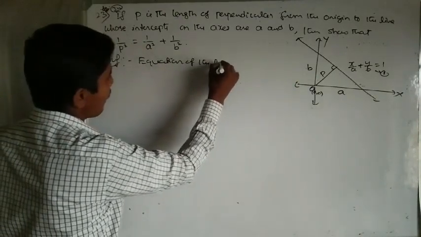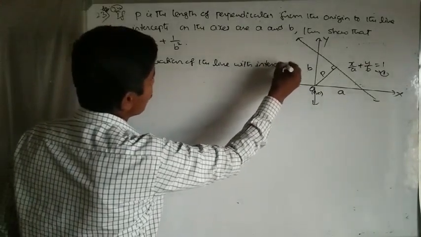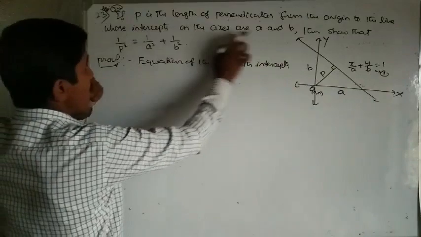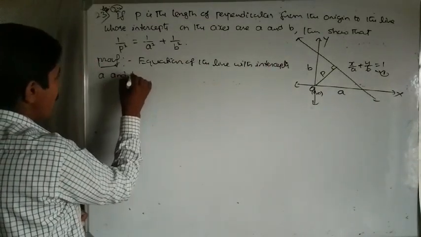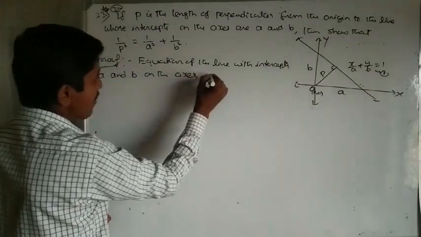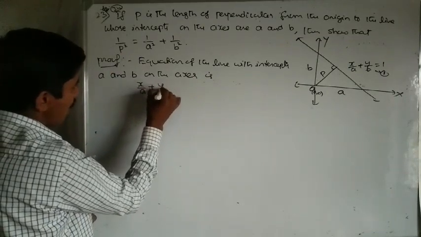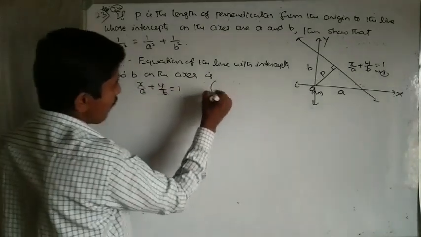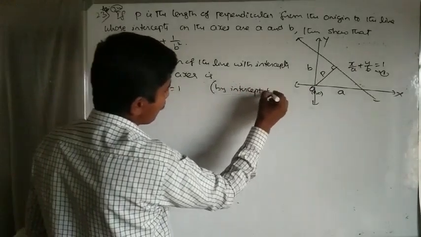The equation of the line with intercepts a and b, x-intercept a and y-intercept b on the x and y axes, is given by x by a plus y by b is equal to 1, by intercept form.